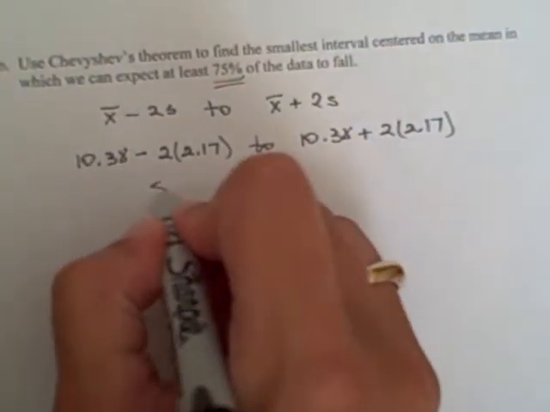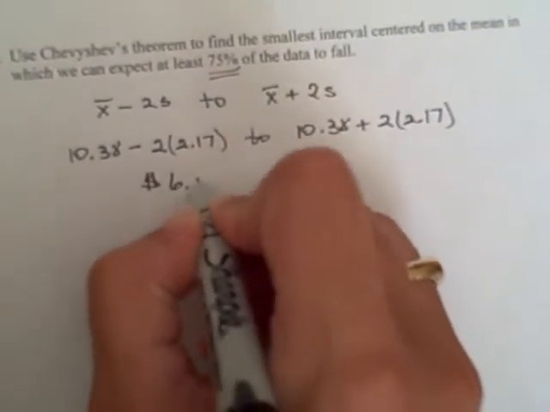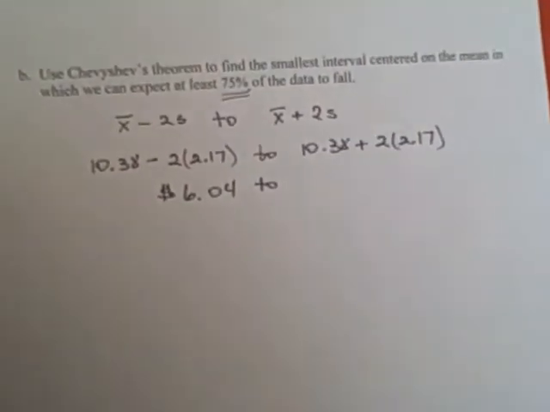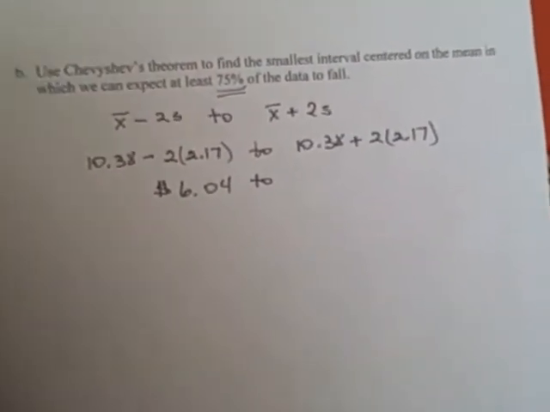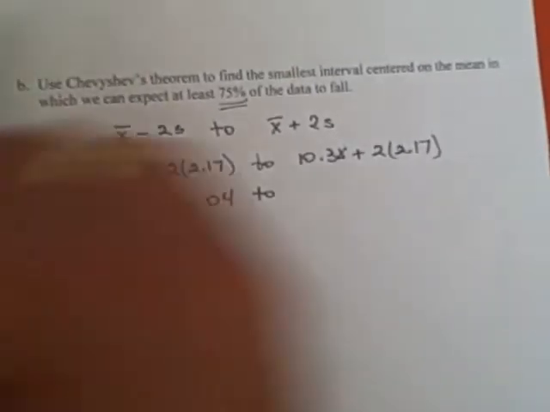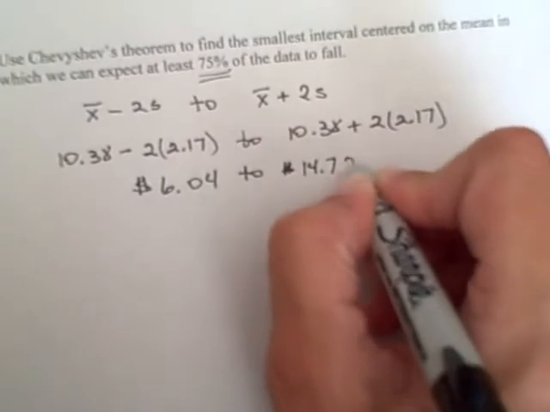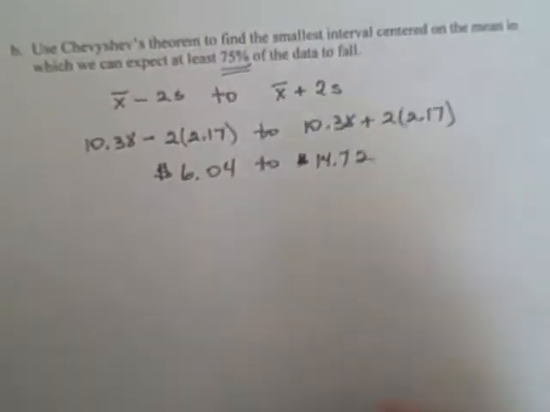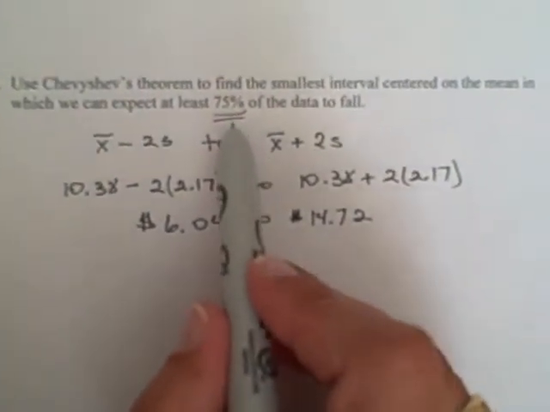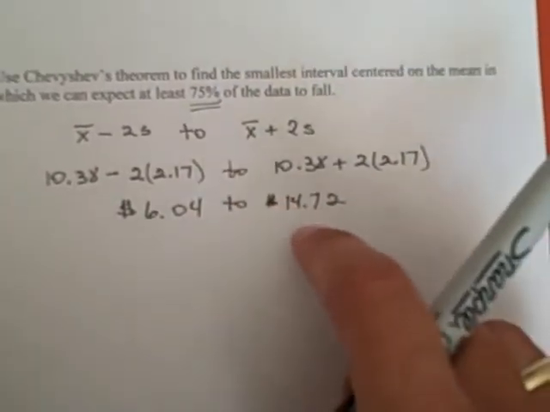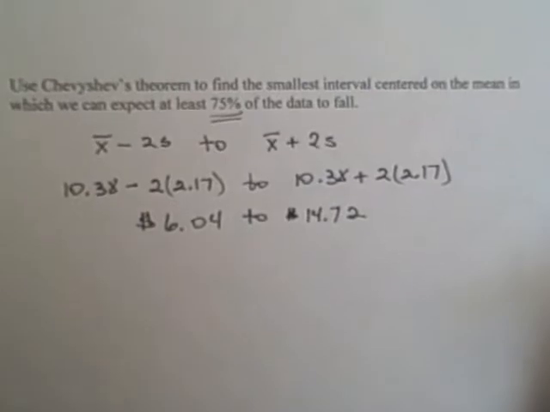And this is in dollars, so we get $6.04 up to 10.38 plus 2 times 2.17, up to $14.72. So I would expect at least 75% of the data to fall somewhere between $6.04 and $14.72.